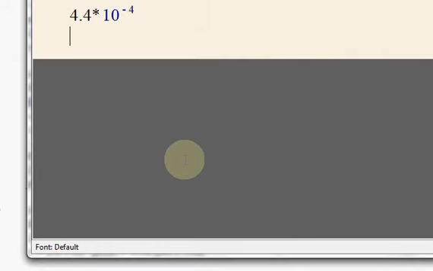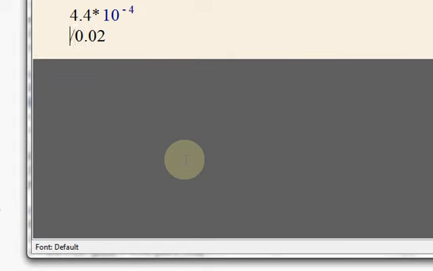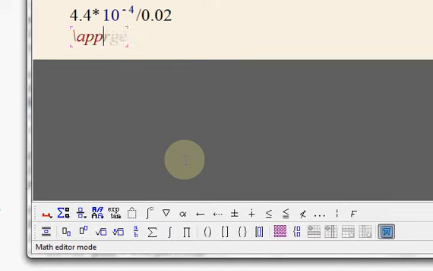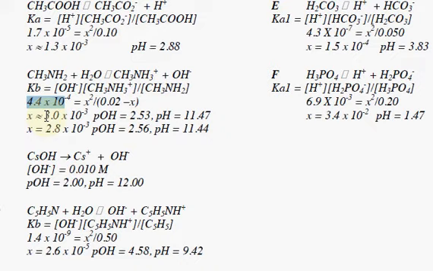And the initial is 0.02. And if you do that fraction divided by, then that gives around 50 without plugging it into the calculator. But anyway, it's not greater than 100. So the X's small approximation gives pretty close results if you look around here at what Dr. Spencer got.